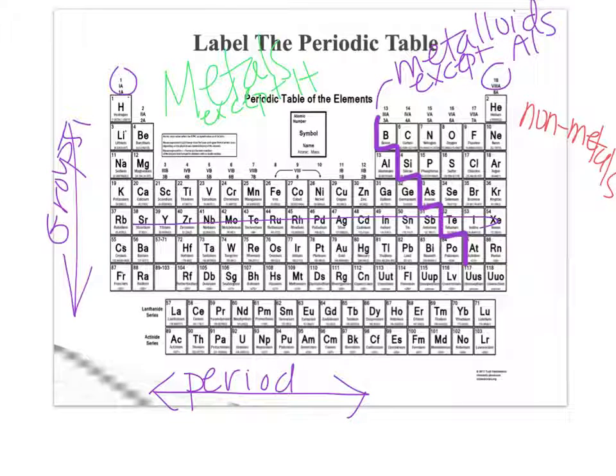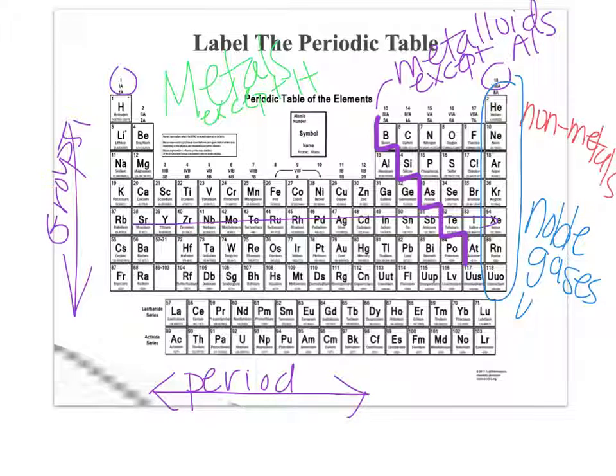And then we want to talk about group 18 down here, which is an important group. This is called the noble gases. What's important to remember about the noble gases is that they are very unreactive. They do not participate in hardly any reactions at all.